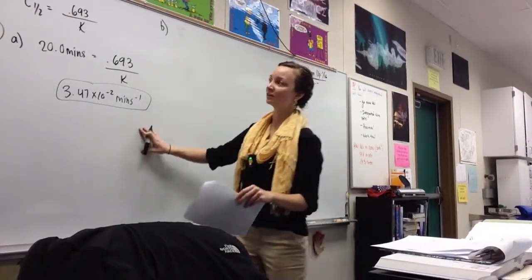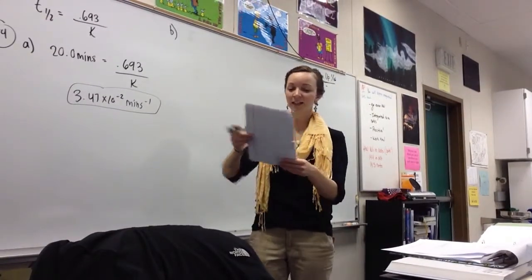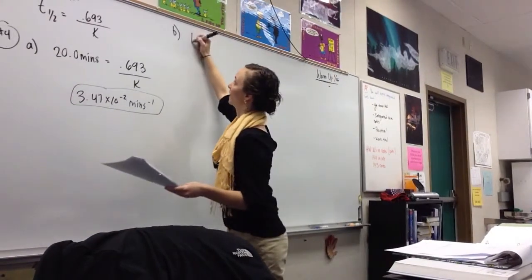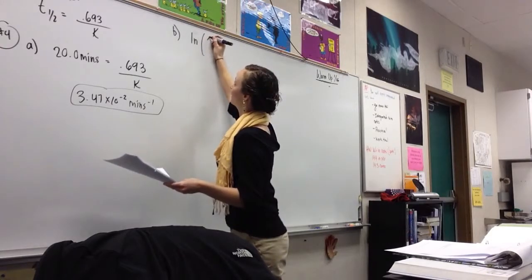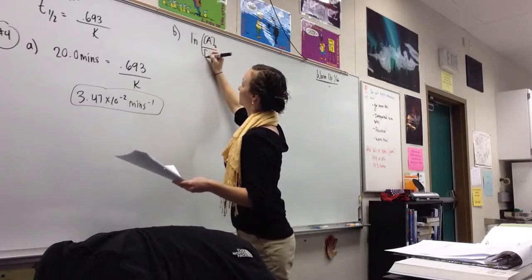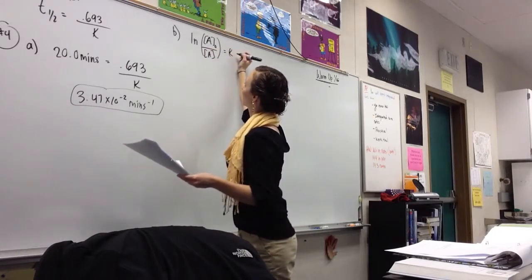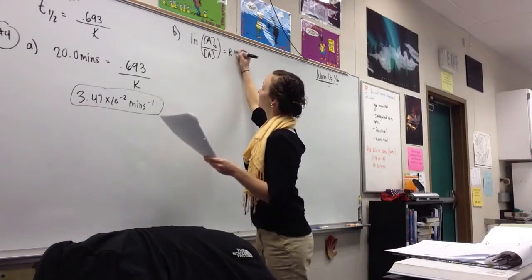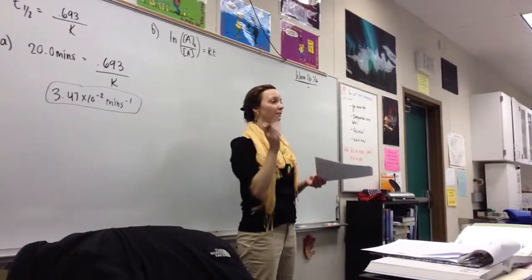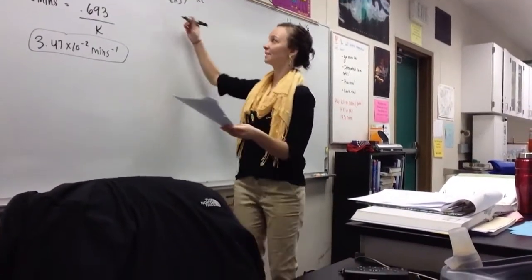So there's another way that you can think about it. We're going to use this equation now: ln of original concentration over current concentration equals Kt. This is one of the variations of the integrated rate law that we learned. Here's the deal, guys. This is the way I'm going to set it up.